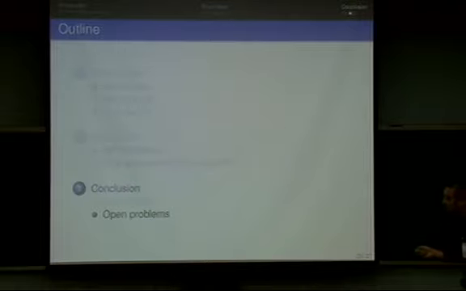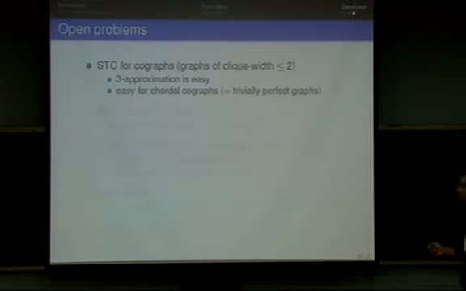I think this is the most important part of this talk. Open problems. We have a lot of open problems on the spanning tree congestion. So I think this is the most important problem here. Spanning tree congestion for cographs or clique-width at most 2, because the problem is NP-hard for clique-width at most 3.